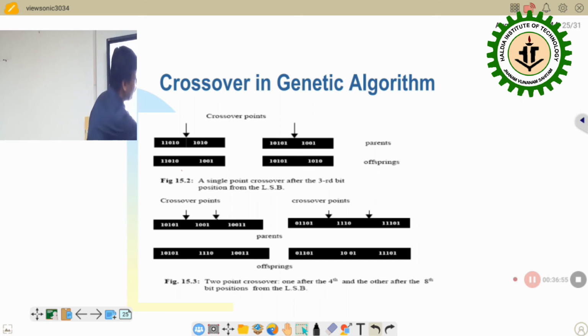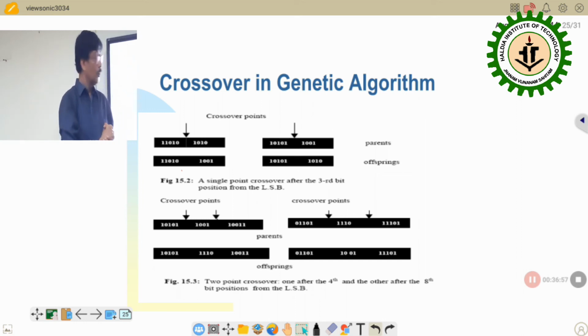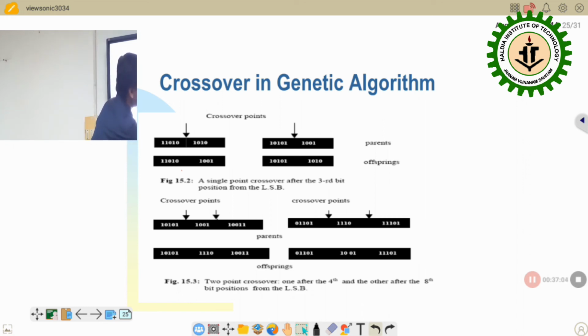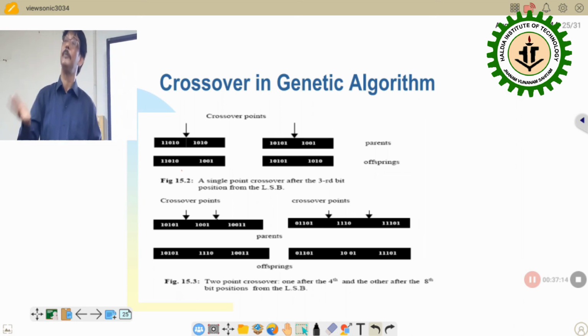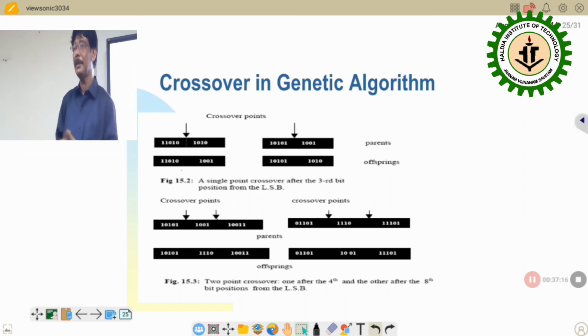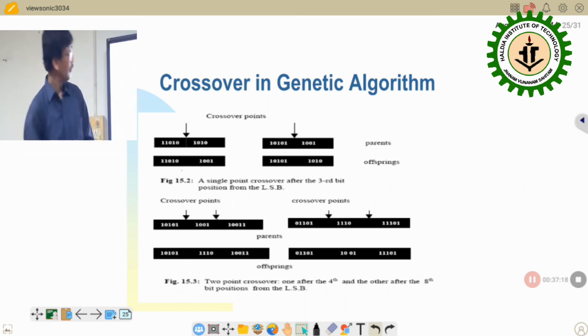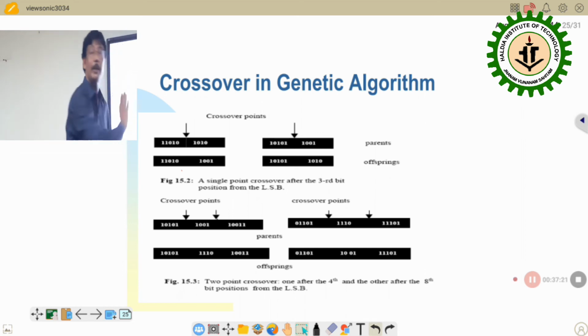But as it is a child of both parents, some characteristics must be inherited from parent 1 also. And you see 1010, that is the second part of parent 1. So these two children are inheriting some characteristics of parent 1 and parent 2. That is the concept of inheritance. Okay, so this is called a single point crossover.